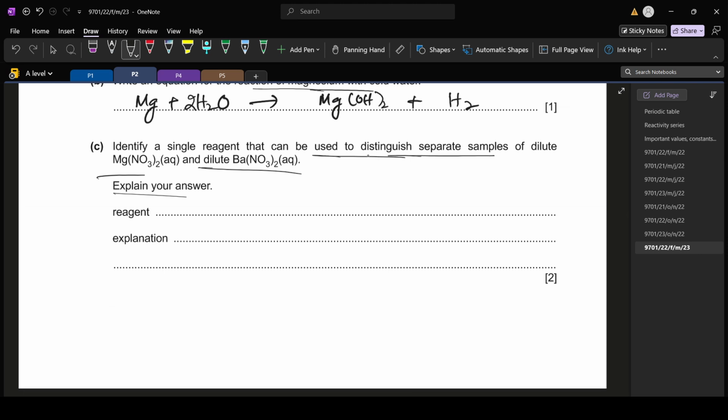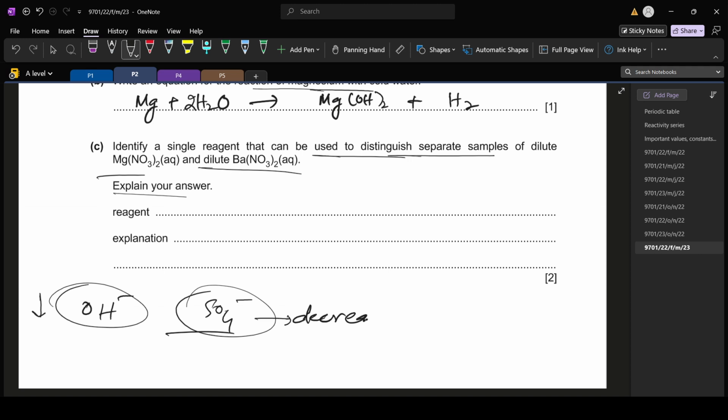If you remember the hydroxides and sulfates, the solubility of hydroxides usually increases down the group, and the solubility of sulfates decreases down the group. So barium sulfate is actually insoluble. If you react any compound which contains sulfate ions, it will form barium sulfate, and it will give a white precipitate.